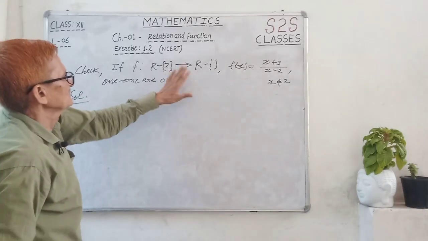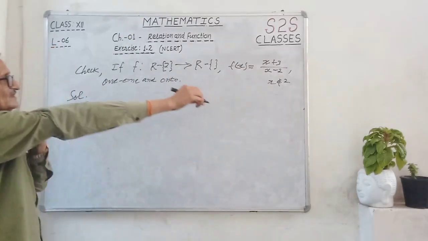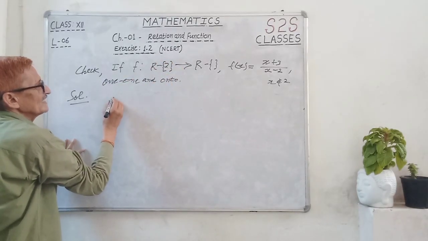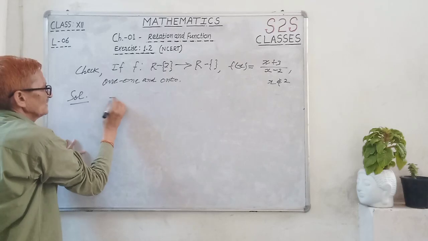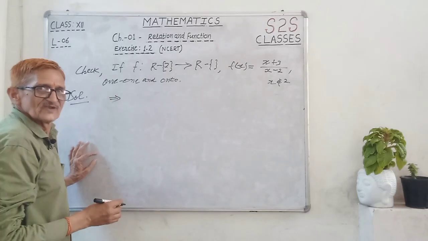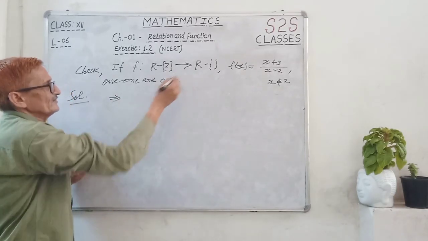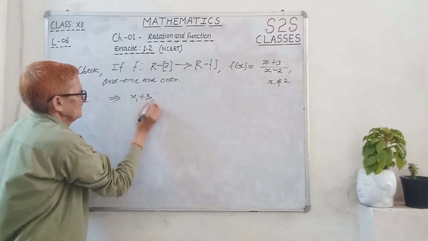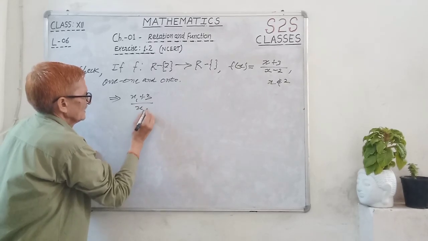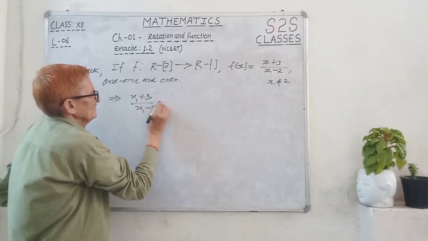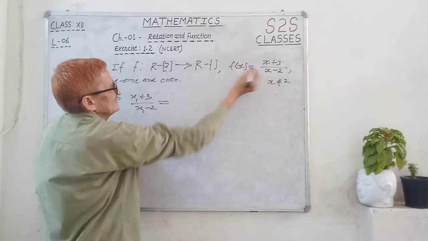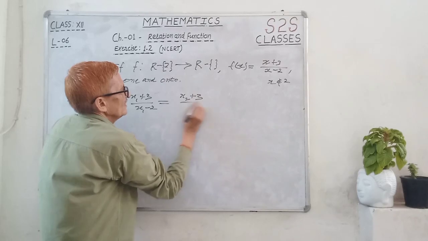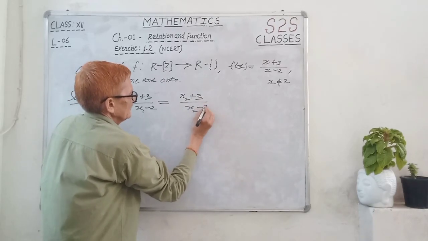Check this. Means now we are going to take this function and function value, then same thing, different element. So we can say f(x1), directly I am saying, x1, x2 different, we are taking for the one-one. So I am writing implies f(x1) means (x1 plus 3) upon (x1 minus 2). This is f(x1) is equal to f(x2), then (x2 plus 3) upon (x2 minus 2).